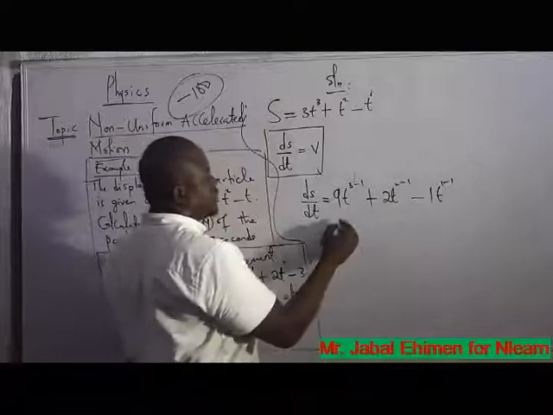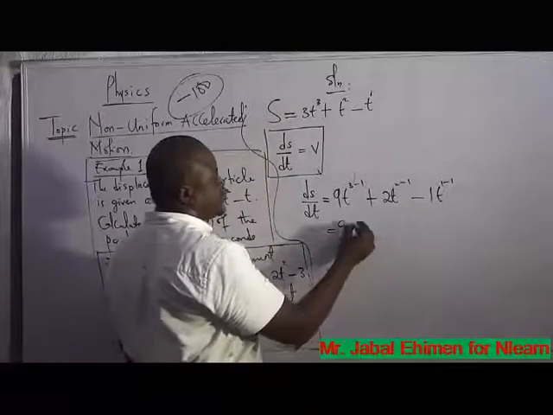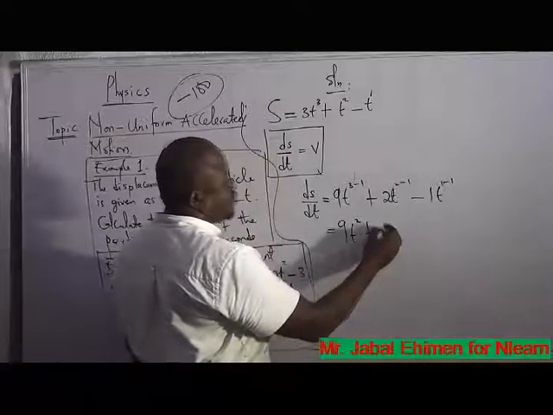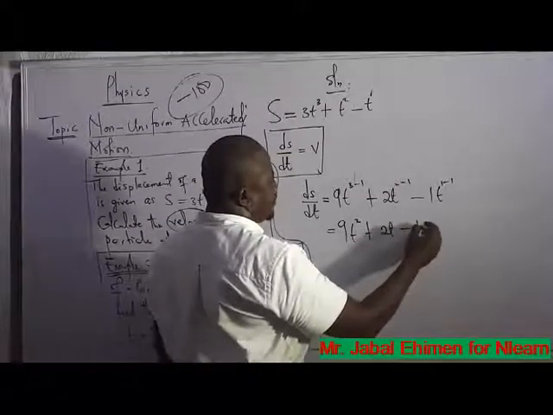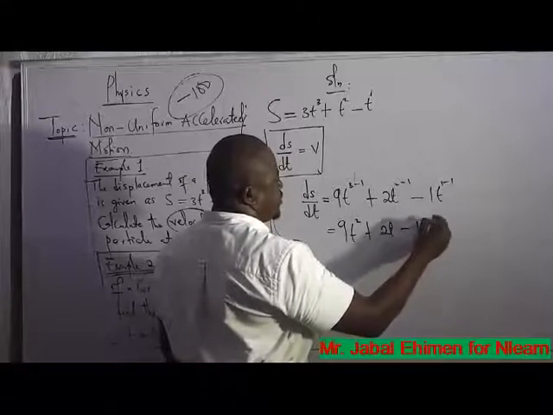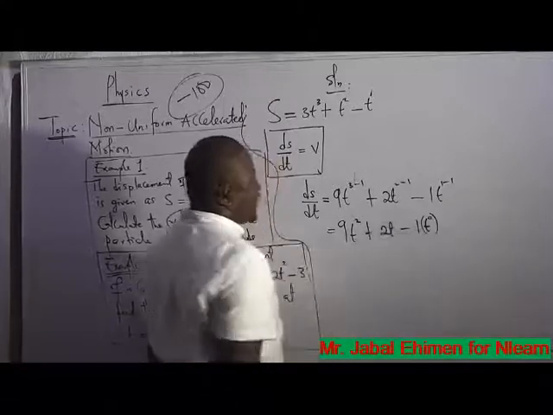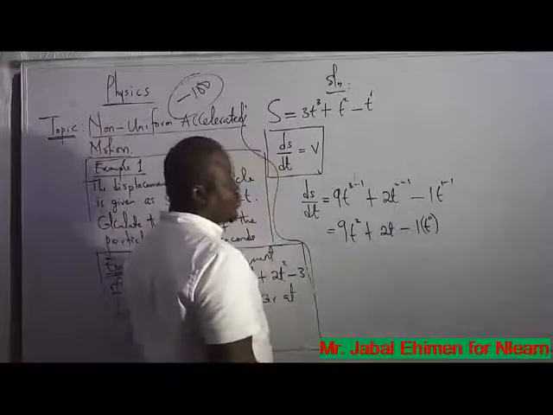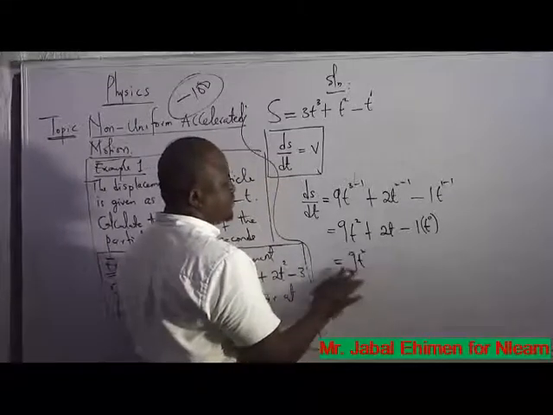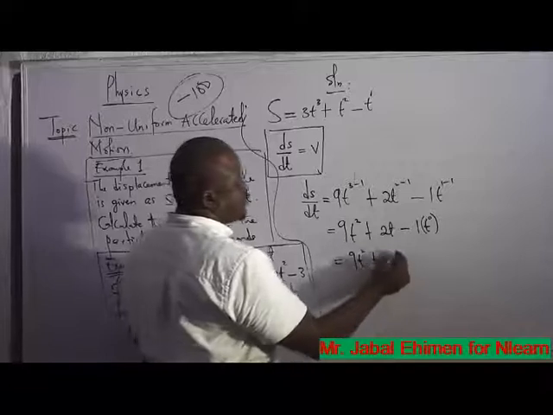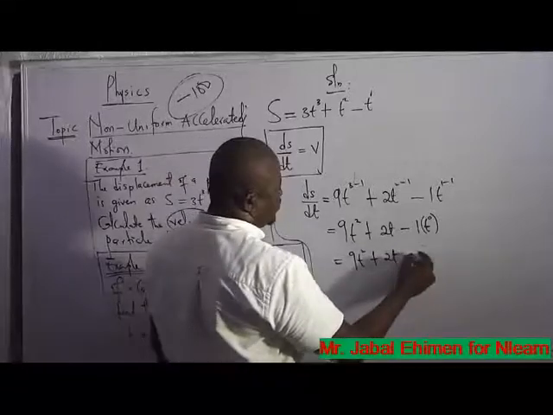That becomes 9t squared plus 2t minus 1t raised to power 0. And anything raised to power 0 is 1. 1 times 1 is still 1. So we have 9t squared plus 2t minus 1.